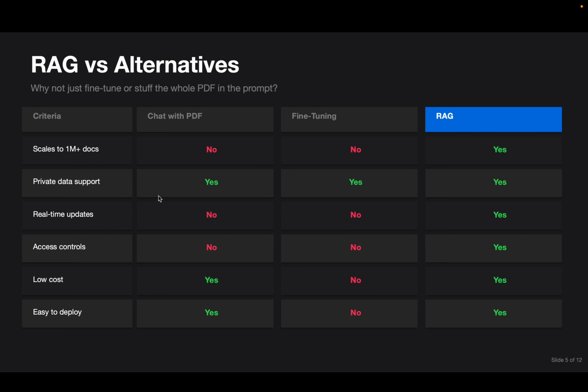Private data support: PDF yes, fine-tuning yes, everything supports it. Real-time updates: PDF cannot, but RAG yes. Access control: in RAG we can do it, but the other two cannot. Low cost, of course, and easy to deploy, very easy. So RAG wins in flexibility, cost, and maintainability for enterprise level.